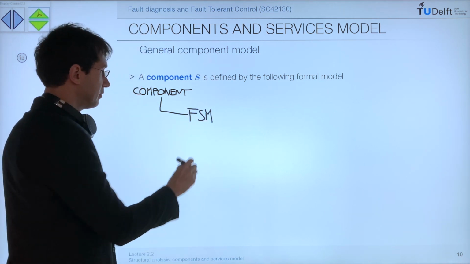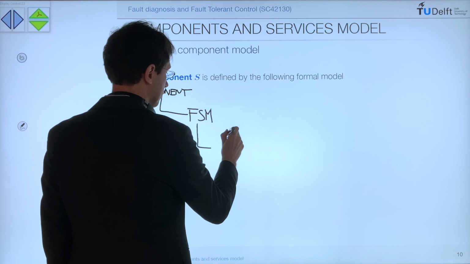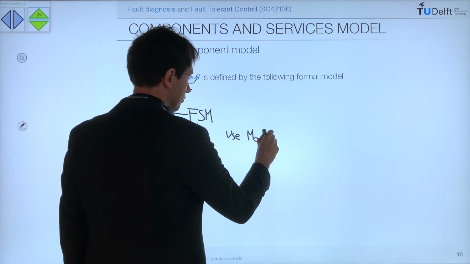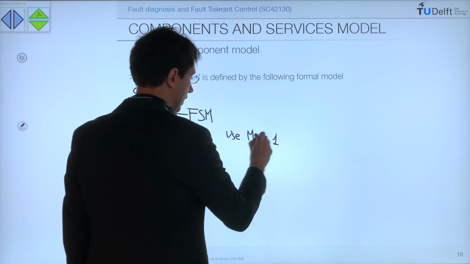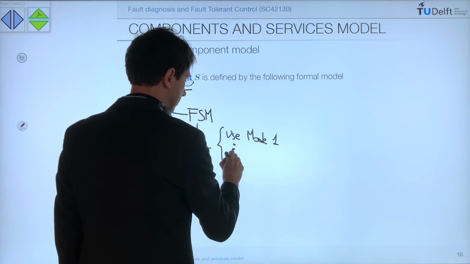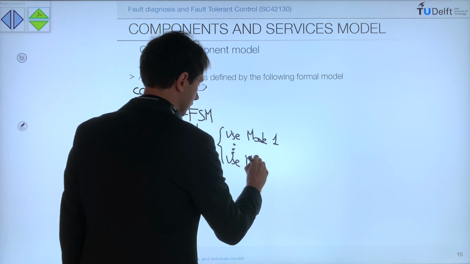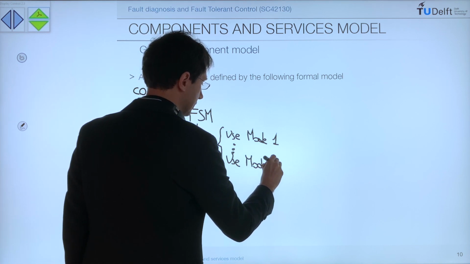The finite state machine is described by a set of use modes, from use mode 1 to some number, use mode n.